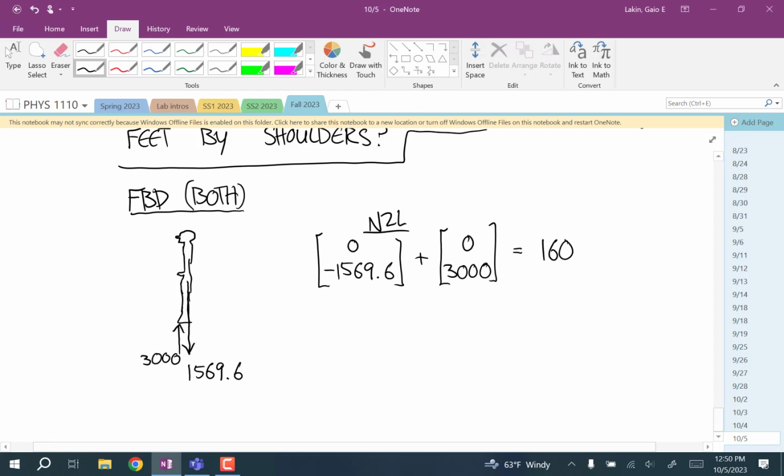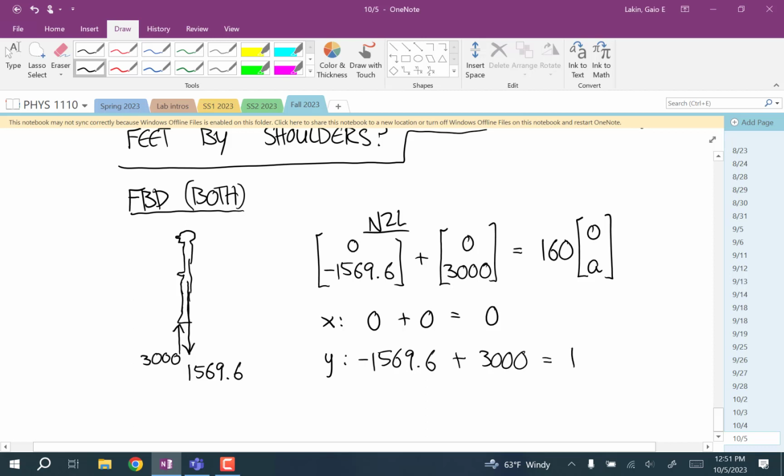Is this pair of people going to move along the x-axis or the y-axis? Y. So this is 0, A. And so we have an x equation that clearly doesn't give you any information, just 0 plus 0 equals 0. And then a y equation that says negative 1569.6 plus 3,000 is equal to 160 times A.